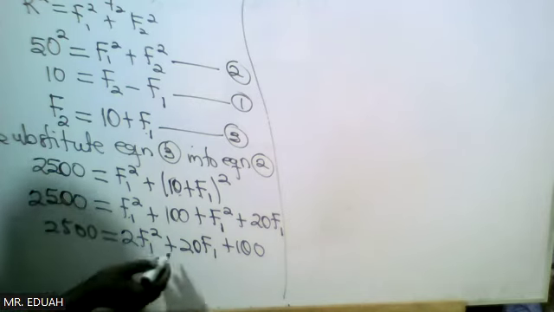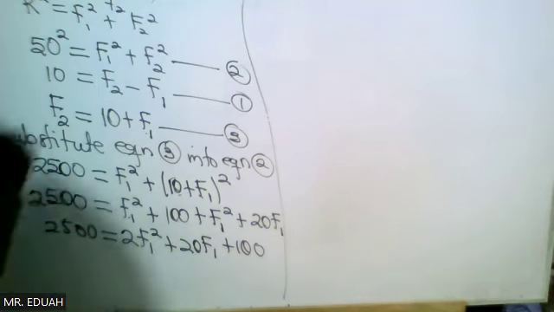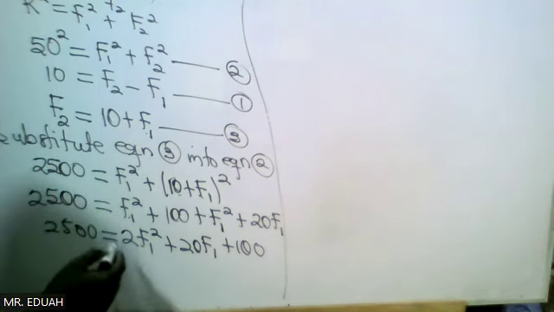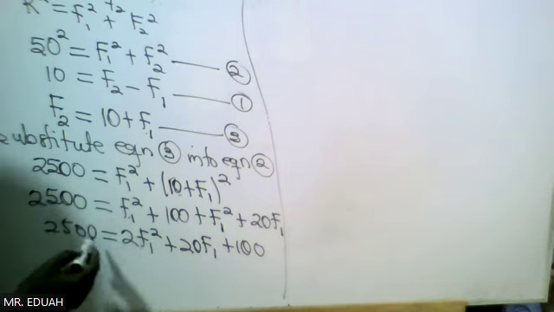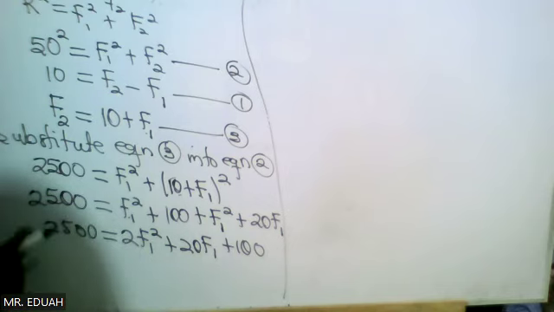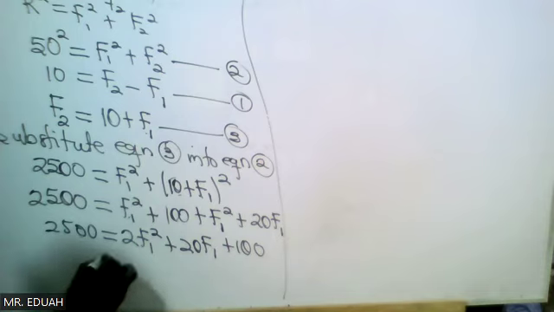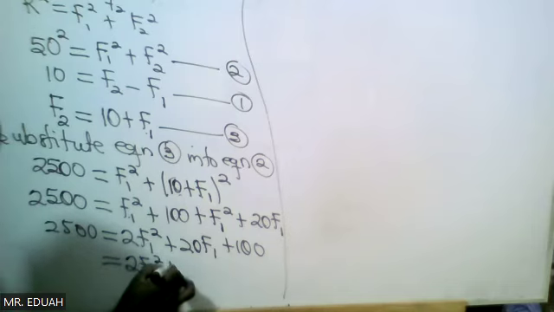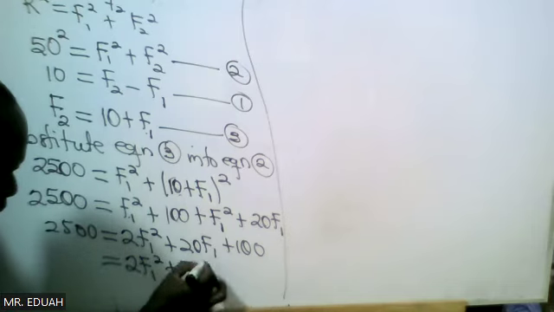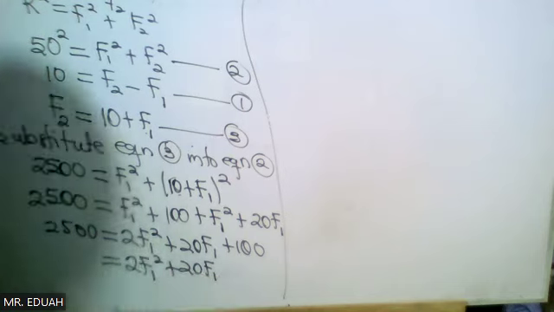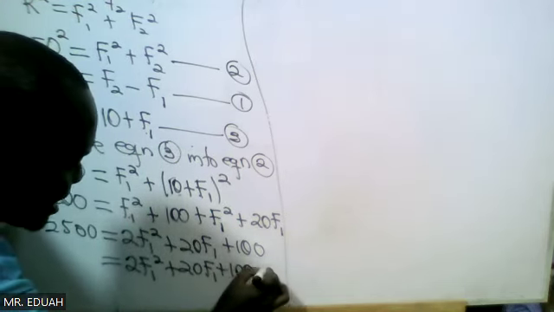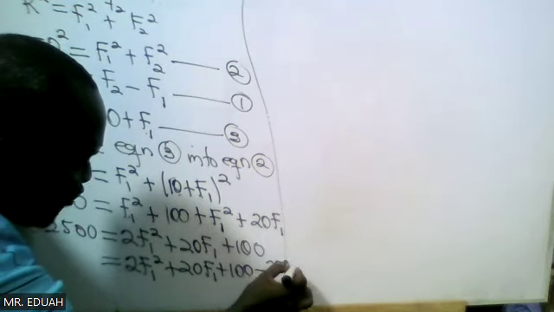We can't let 2F1 squared cross, else it will be negative. So the 2,500 rather will cross the equal to sign. So we have 2F1 squared plus 20 F1 plus 100 minus 2,500.